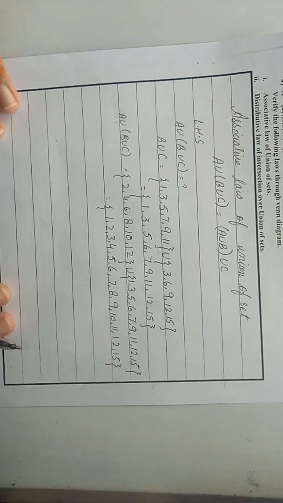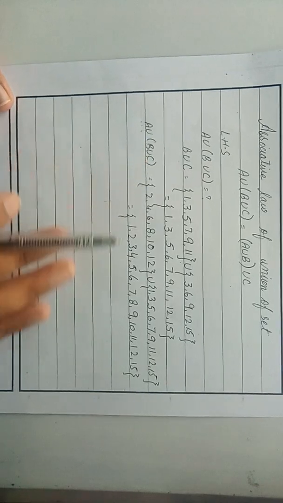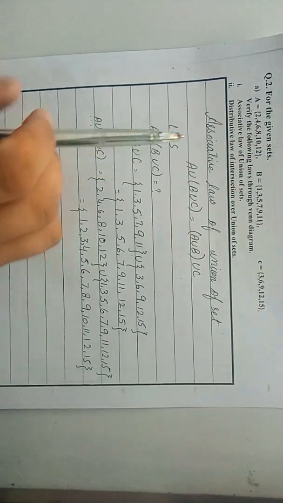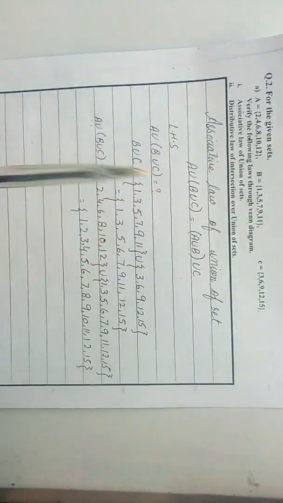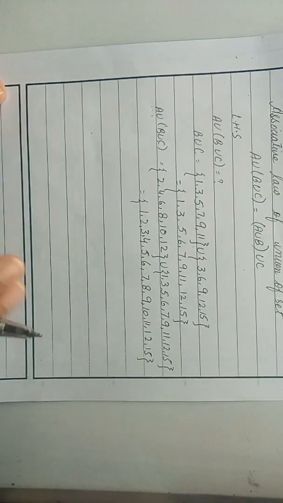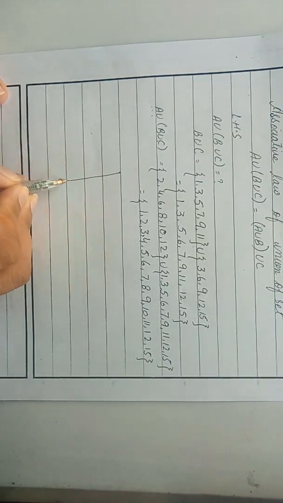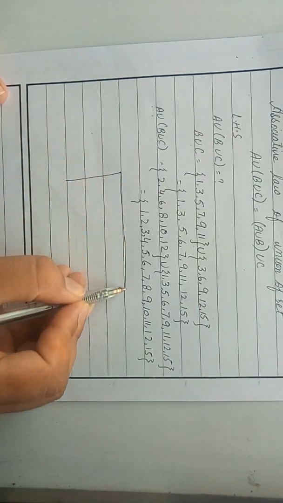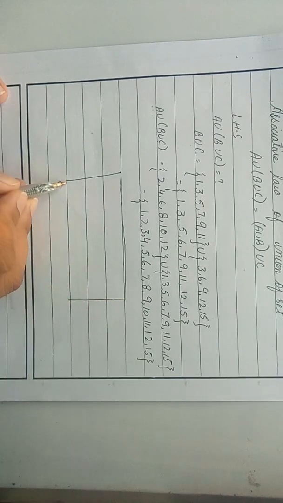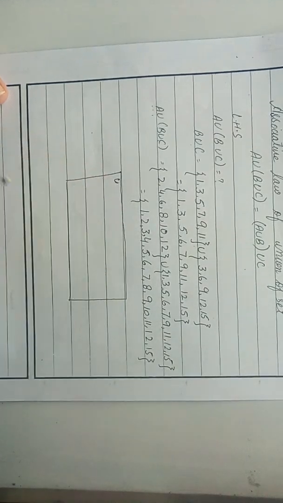Next we will form the Venn diagram of A union (B union C), as it is directed in the question, that we have to verify it through Venn diagram. A Venn diagram is actually a method to show the sets like this. This is a Venn diagram which contains a rectangular box. This rectangular box is called the universal set.